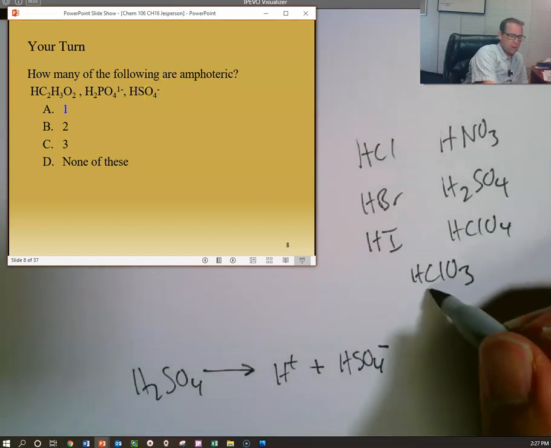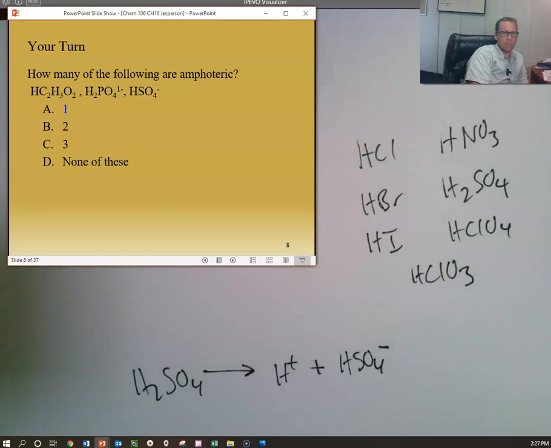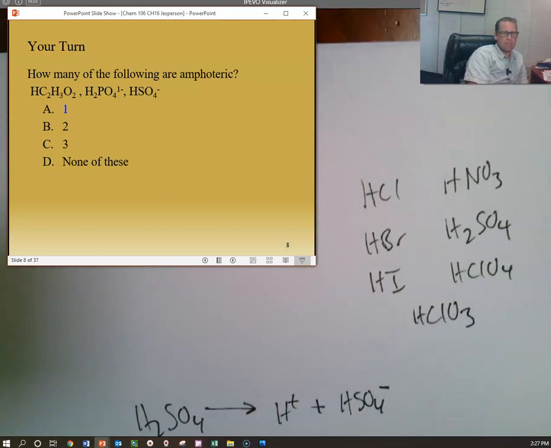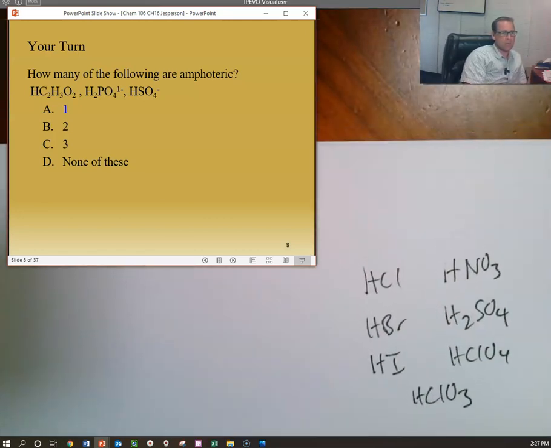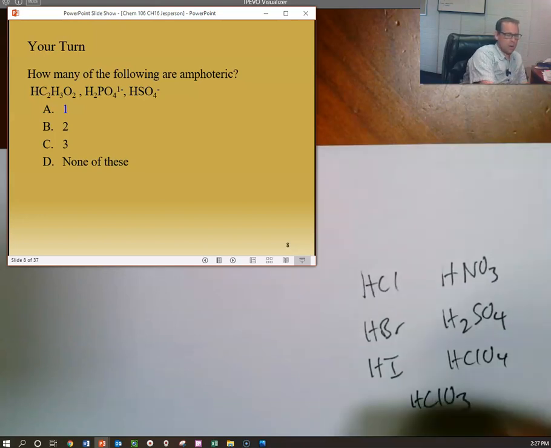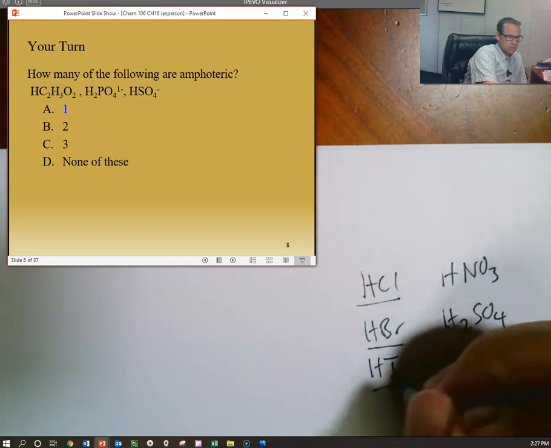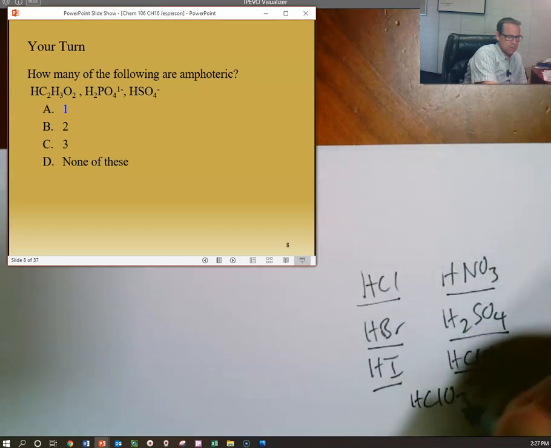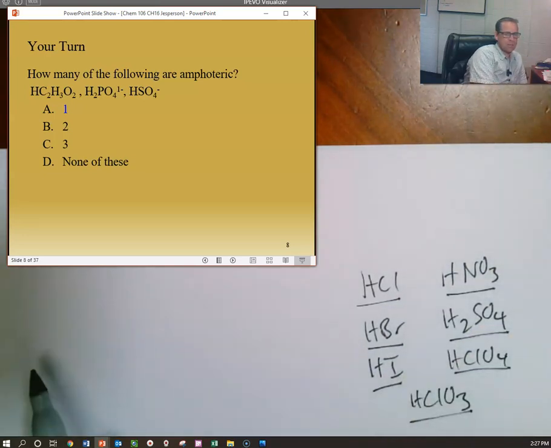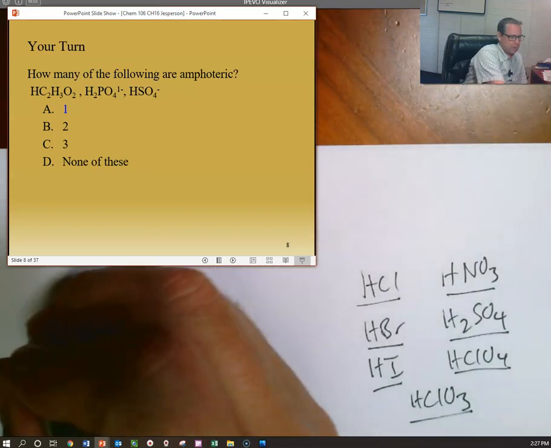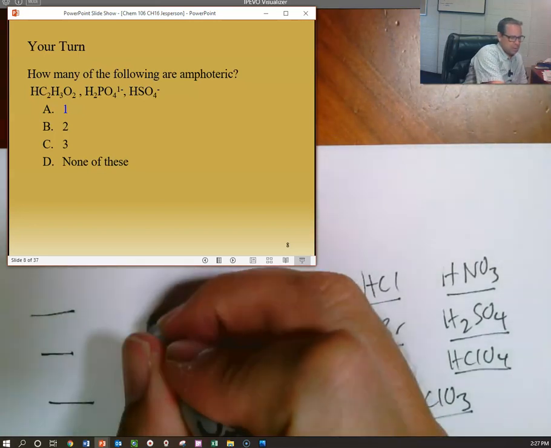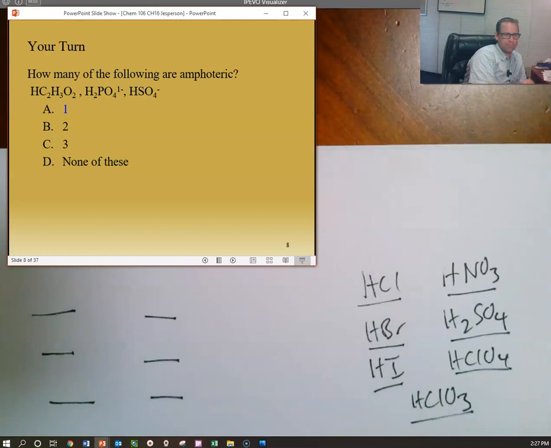That's going to be the same for all of the conjugate bases of our strong acids. Let's make a list of the conjugate bases for these strong acids. Camille, can you make this list for us? Here are our strong acids, 1, 2, 3, 4, 5, 6, 7. Now let's make a list over here of the conjugate bases.